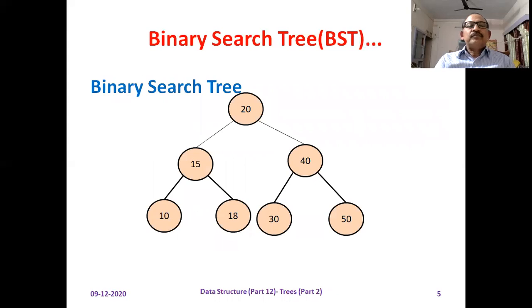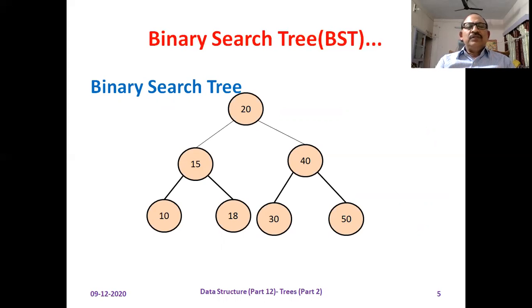Okay. Next, this figure depicts a binary search tree. Why? Here you can see that all nodes of a left subtree of a root node are lesser than the root node, that is 20, and all nodes of a right subtree are greater than the root node, that is 20.